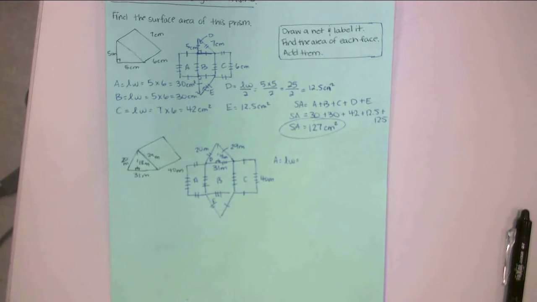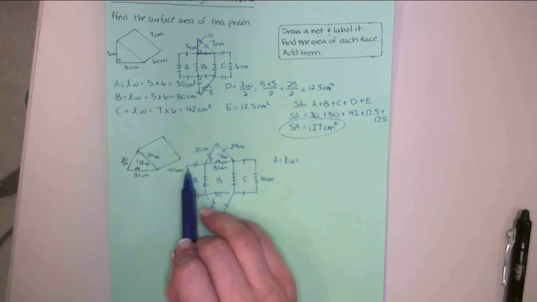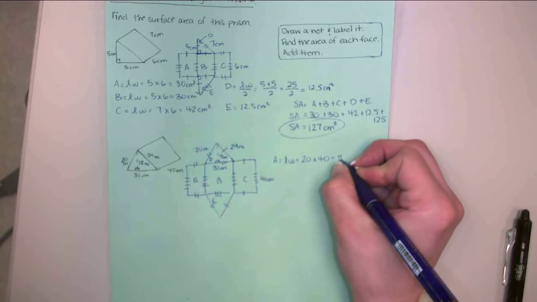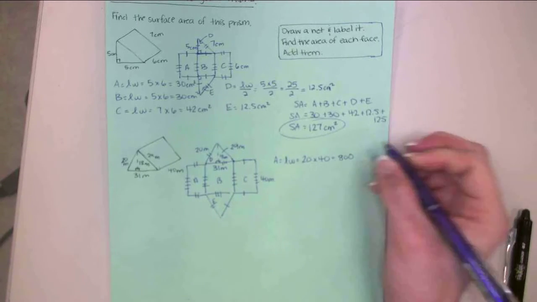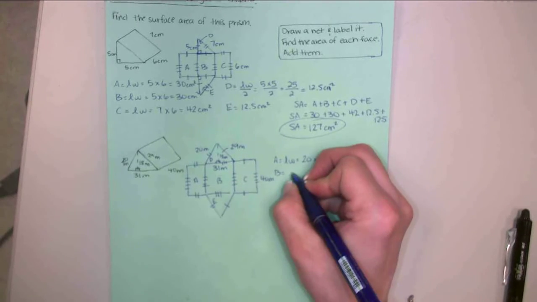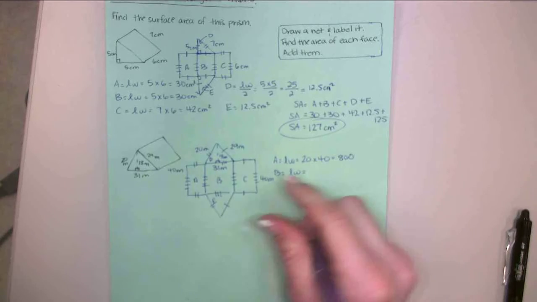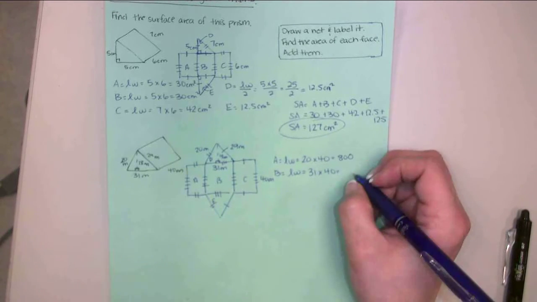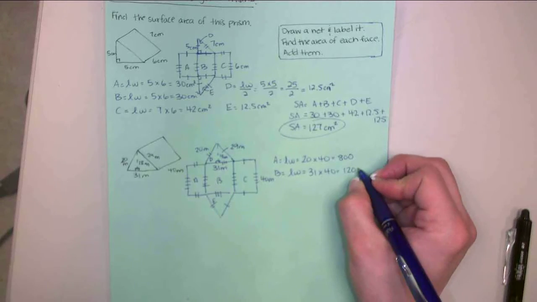For the area of A, I'm going to be using 20 by 40, which will get us 800. B, we're going to use a length and width of 31 and 40, which gets us 1,240.